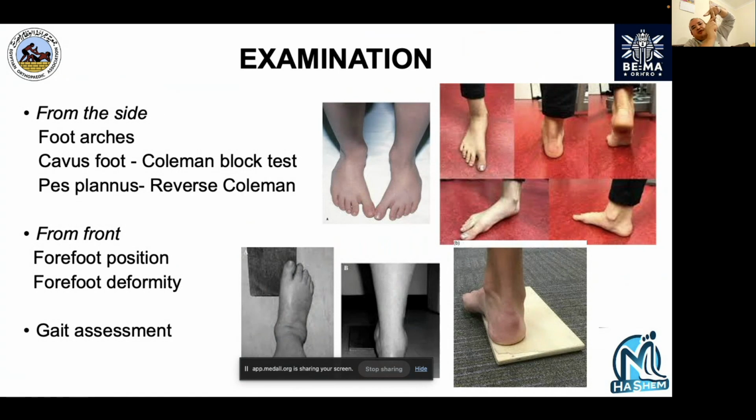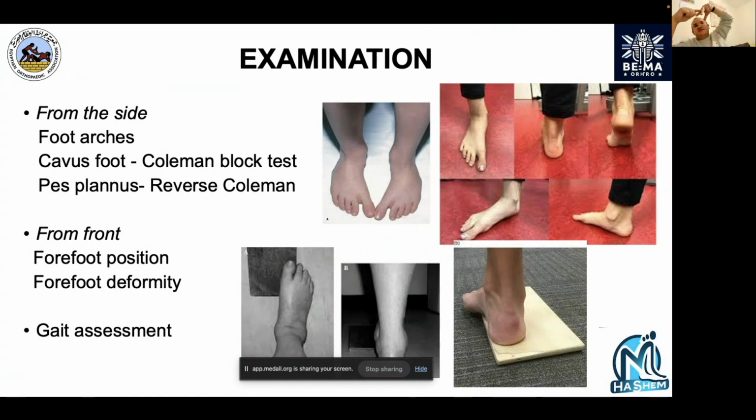And because it's dropped down, for the whole thing to walk normally, the patient gets the heel into varus. So you walk on a tripod, which is how the weight is loaded over the foot from the heel, lateral border of the foot, to the head of the first metatarsal. And for you to walk, you need this tripod to be at the same level. If one part of the tripod has changed, the whole tripod will change accordingly.